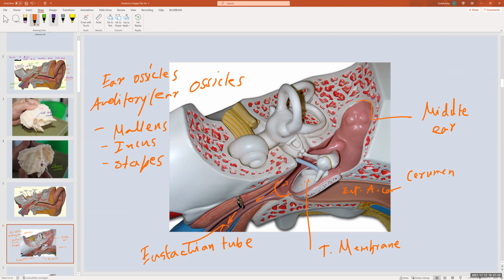So what we see here, the very first bone, number 1, that is your malleus. Number 2, the incus, and number 3 is the stapes.